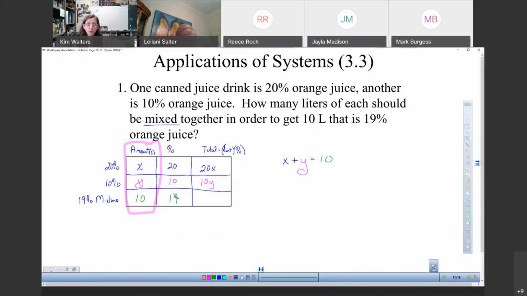And in the third one, I'm going to have 19 times 10, which I can actually multiply with that calculator, and I get 190. And this is where my second equation comes from. It is going to be 20x plus 10y equals 190.